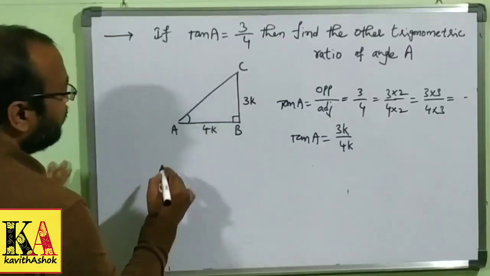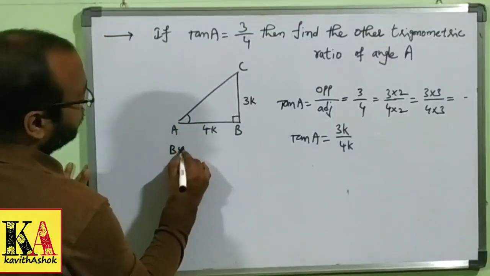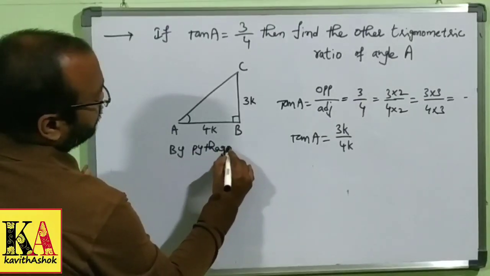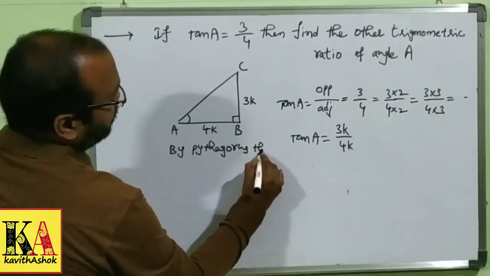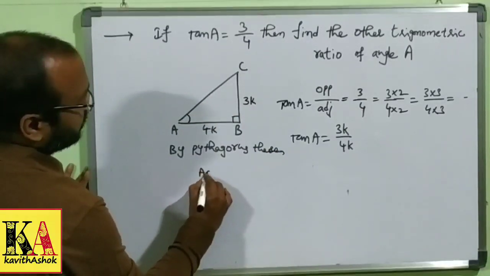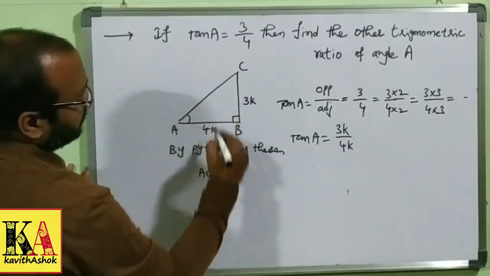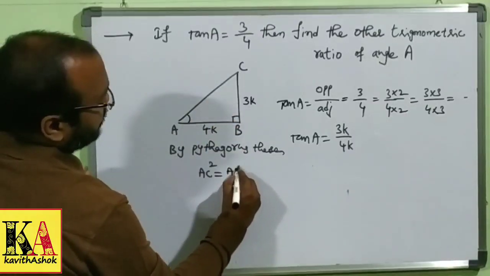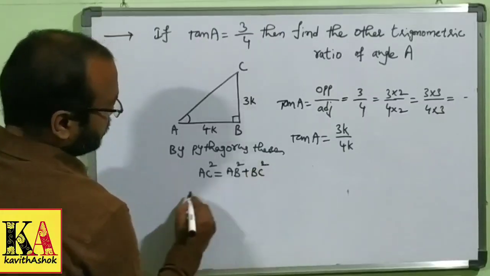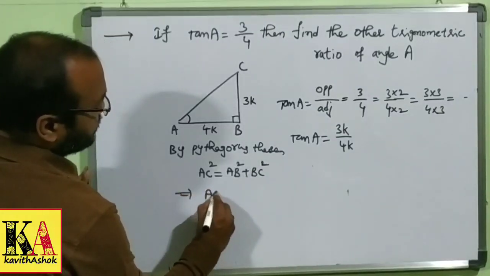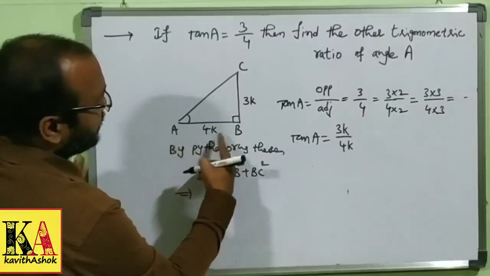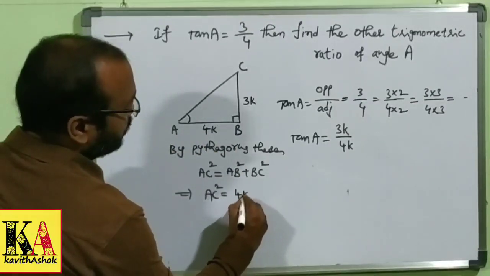So by Pythagoras theorem, hypotenuse square is equal to AC square is equal to AB square plus BC square. So now AC square is equal to AB, which is 4k, so 4k whole square.